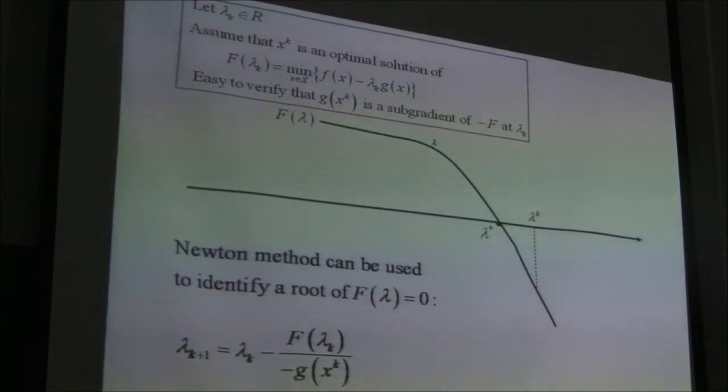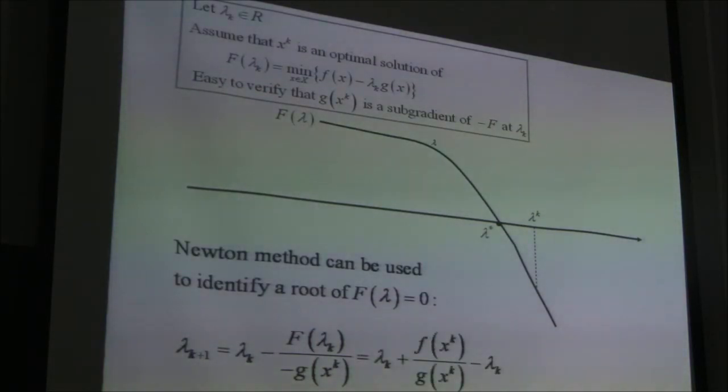So to identify the root of f of lambda, we can use the procedure behind the Newton method. The next value of lambda you can get is equal to the value of lambda k minus the value of the function at lambda k divided by the derivative or the subgradient of the function at lambda k.